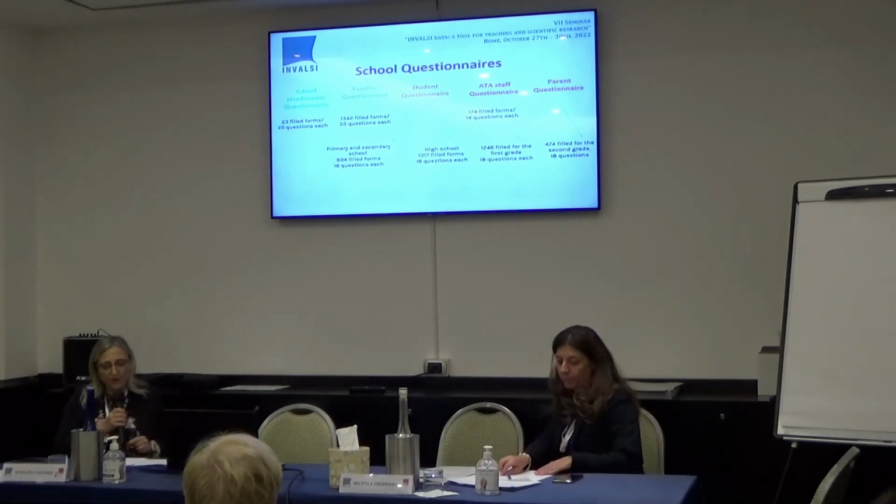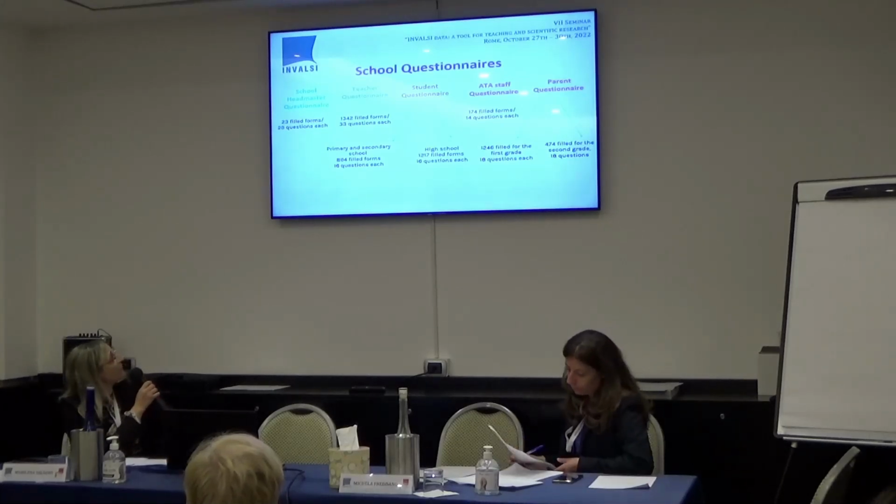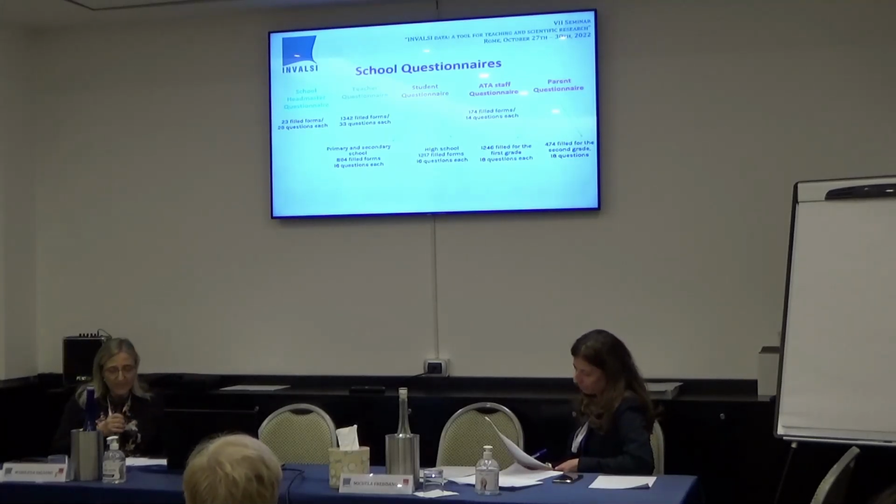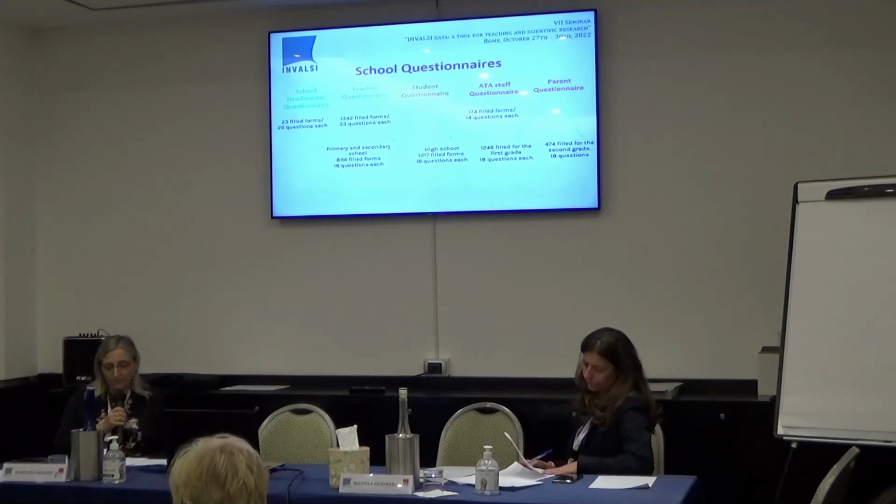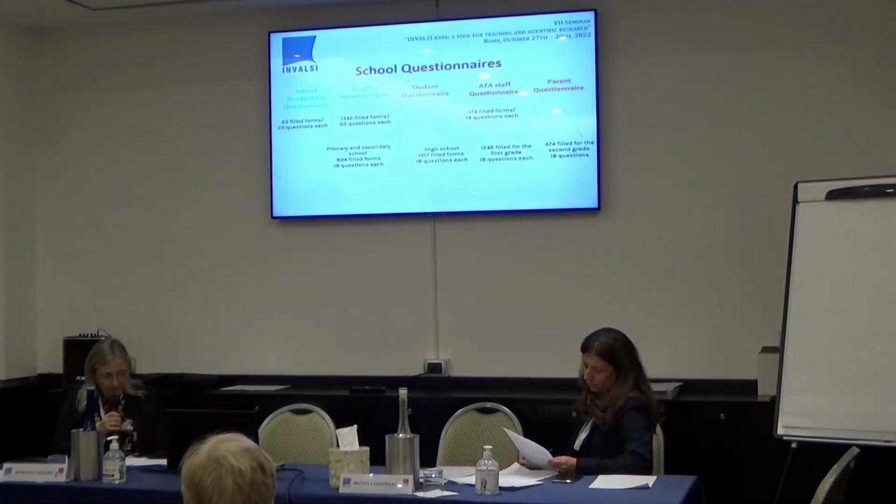The forms are only different in terminology, which is simplified in the case of the first circle. Parents form, 18 questions. One or more questions in the form are linked to a sub-component not covered by an indicator of the RAV. The 5 questionnaires were used to add further elements of analysis for the self-assessment of schools.